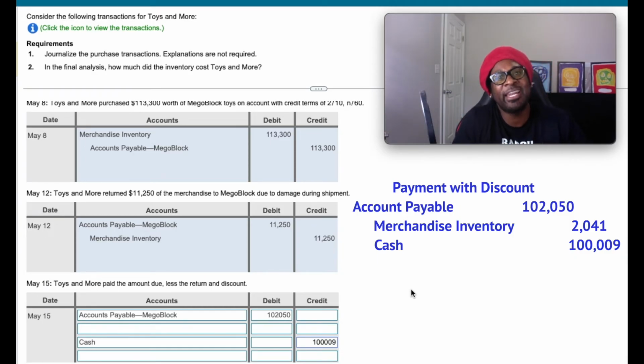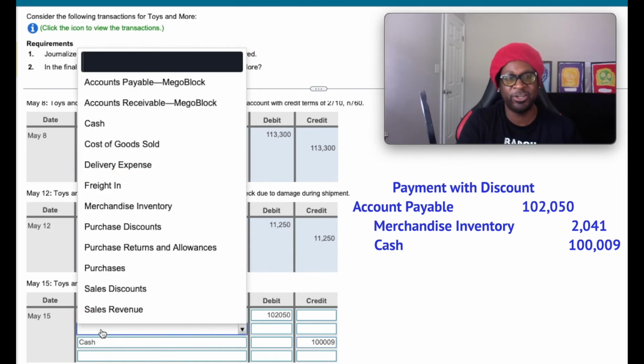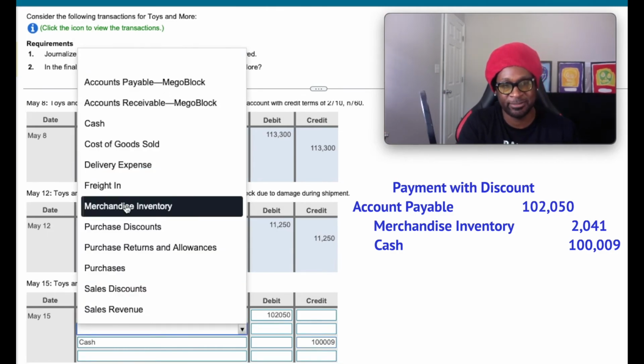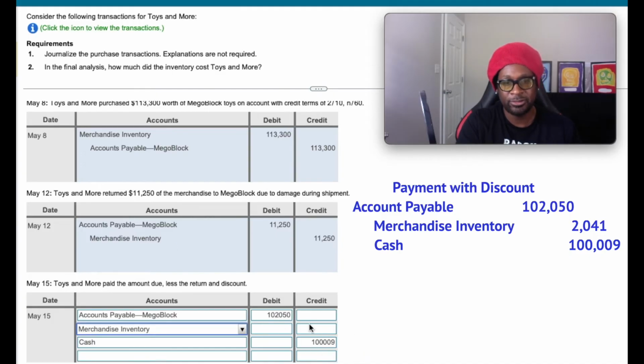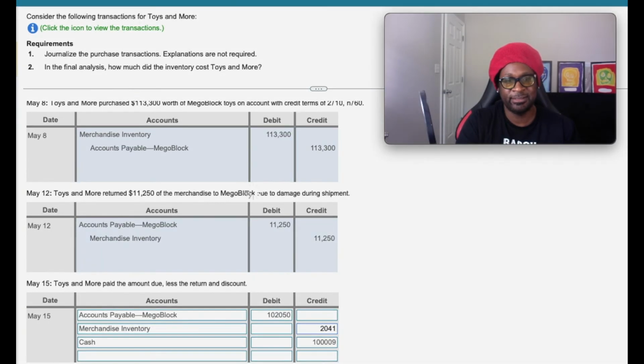A discount should automatically make the cost of the inventory that you bought go down. Therefore, we must directly reduce our inventory account, gang. So we're going to credit inventory for the discounted amount, which happens to be $2,041. We're going to check that answer.